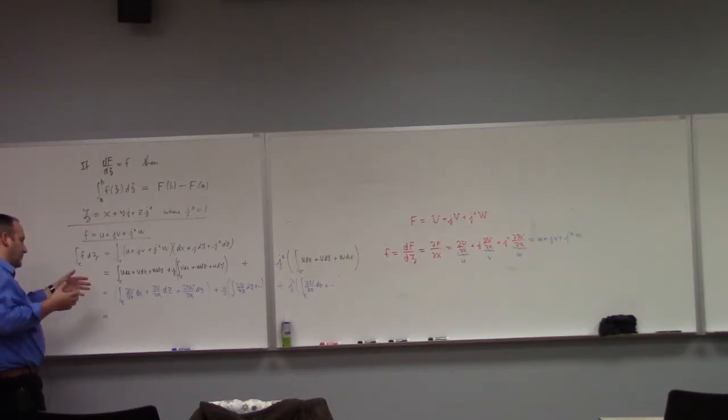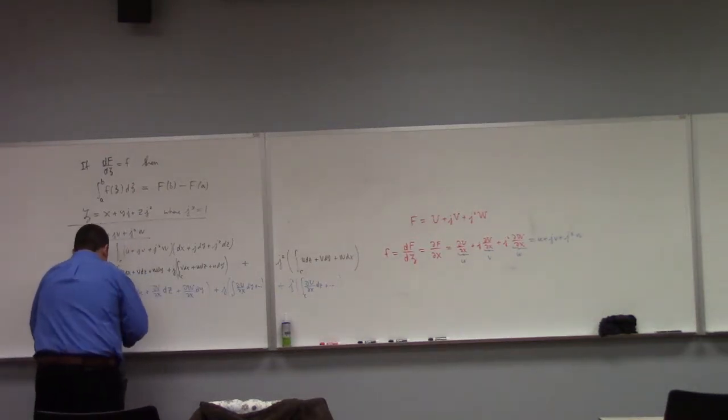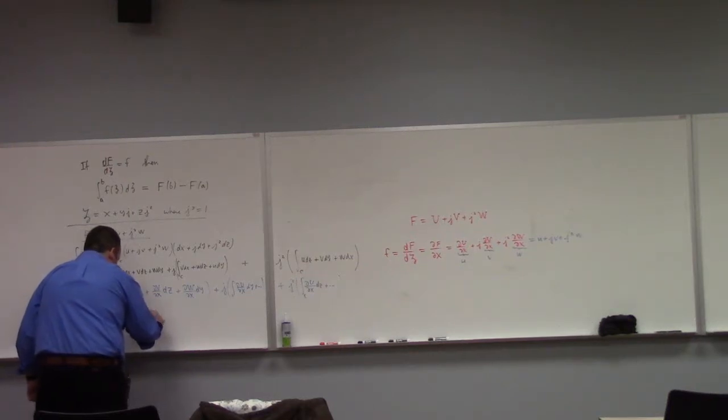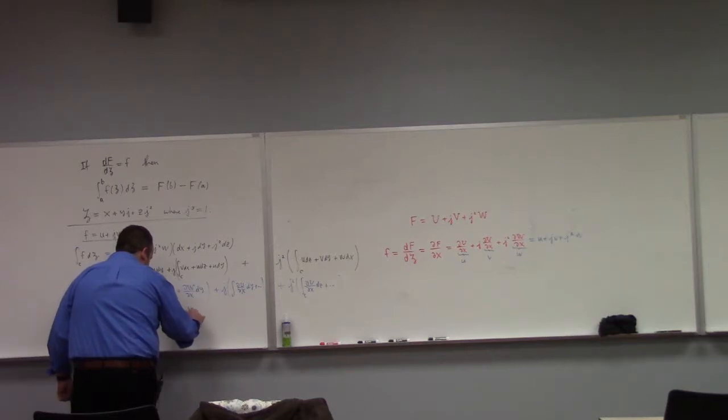What I ultimately want is the integral over C of du plus j dv plus j squared big dw.